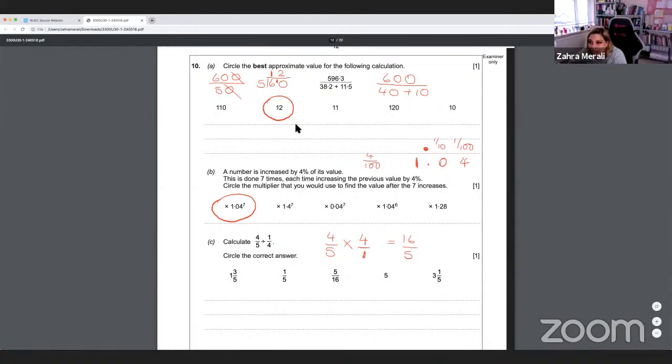And that's all that line means. It means divide. So you say, how many 5s in 16? Well, we've got 5, 10, 15. So we've got 3 5s and we've got 1 left over. Is 3 1/5 an option? Yes, it is. Okay, perfect.